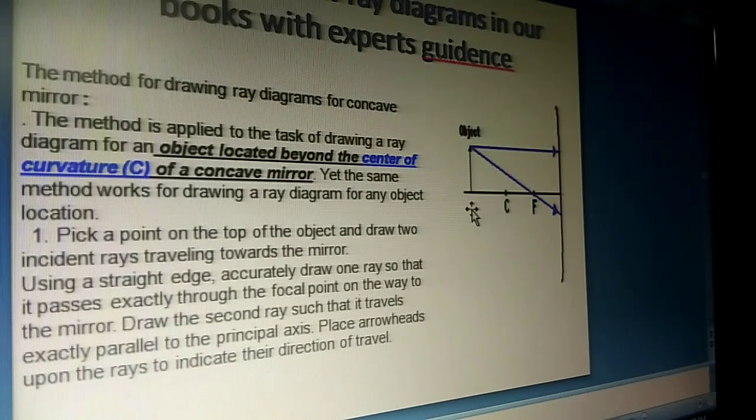So the first rule is: if the ray from the object is parallel to the principal axis, it passes through F, or if the incident ray passes through F, then after reflection it comes back parallel to the principal axis.